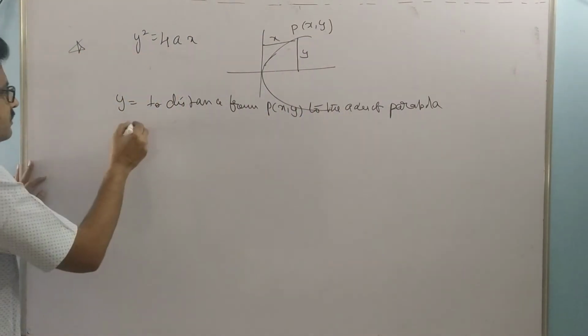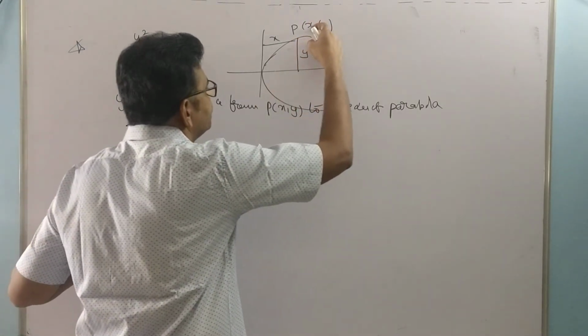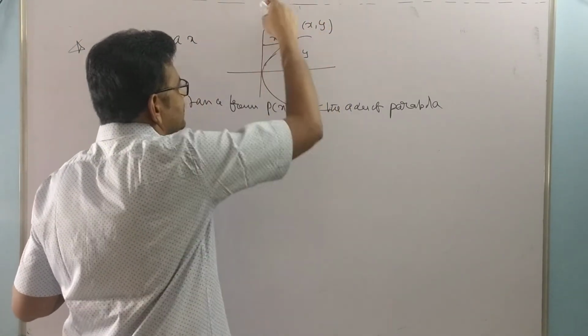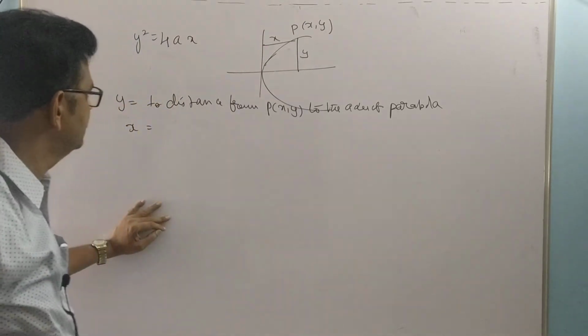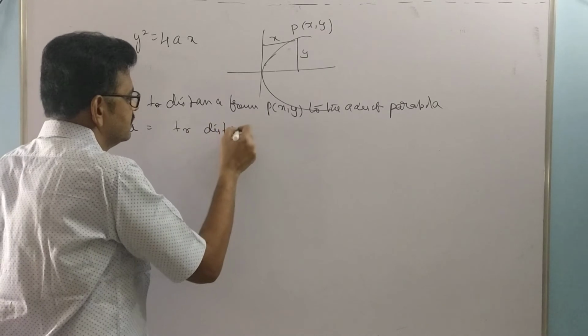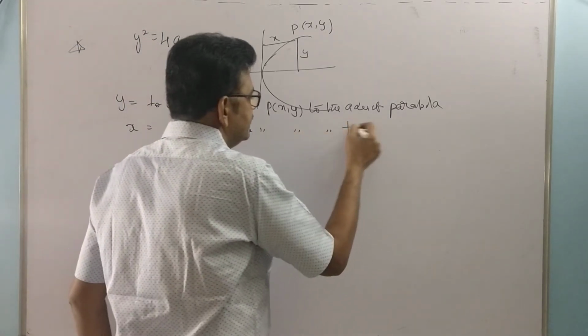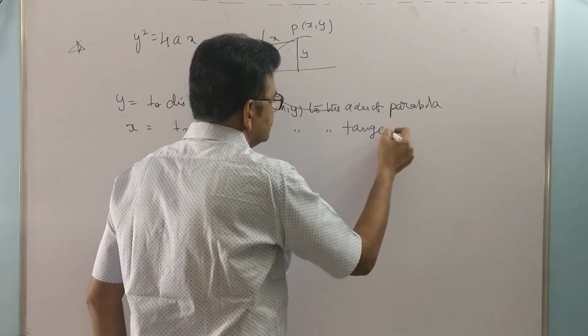And x is the perpendicular distance from the point P to the tangent at the vertex.